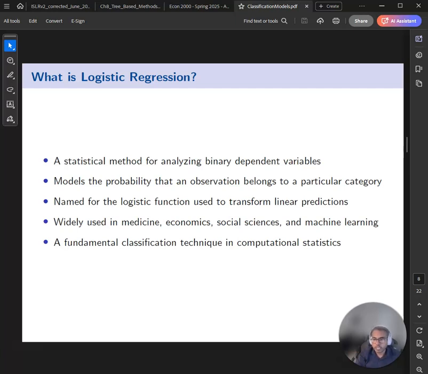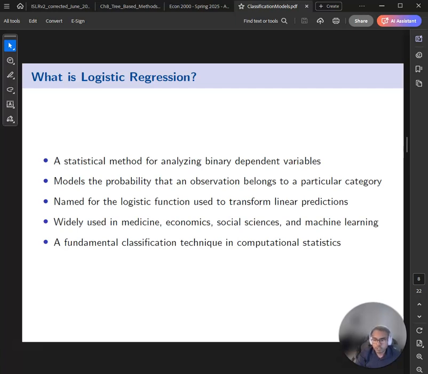So instead of predicting a continuous value, like in a linear regression, we are predicting the probability of an event occurring or an observation belonging to a particular class. The name logistic regression comes from the logistic function that is used to transform linear predictions into probability values. We will look at this function in detail in just a moment.